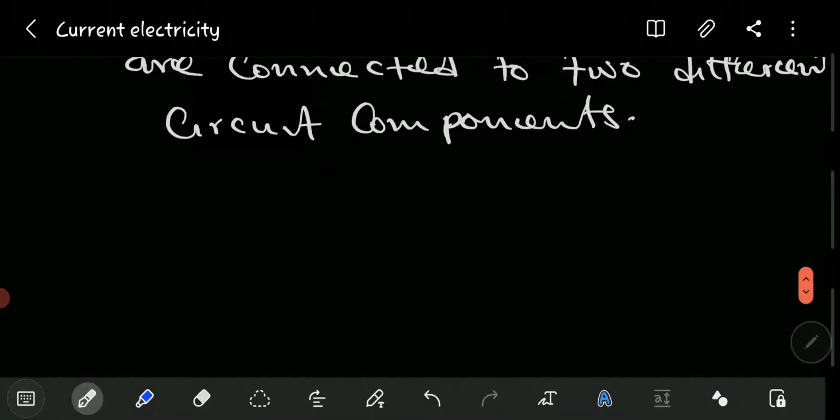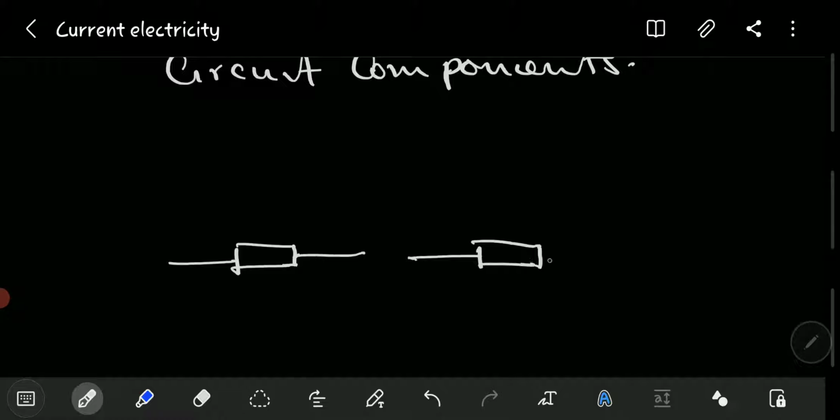How does this look? All right, if we have one resistor here, and we need to connect this resistor to another resistor, which is another circuit component, it means that we are going to have our second resistor there. So this is our resistor 1, this is our resistor 2.